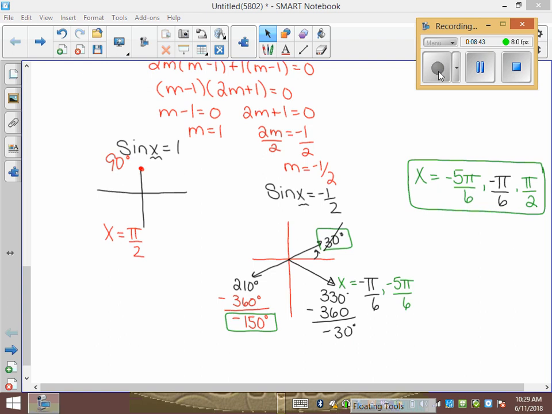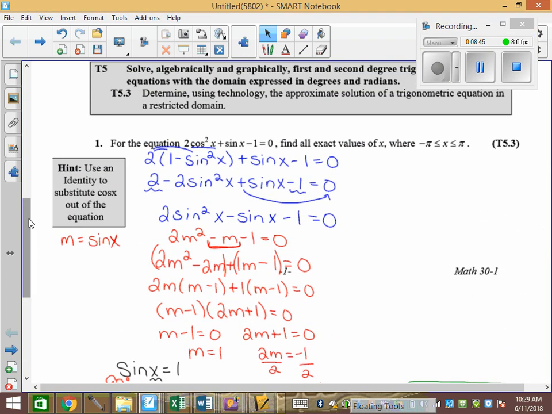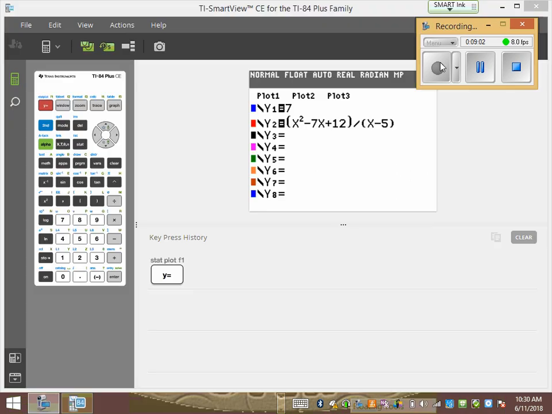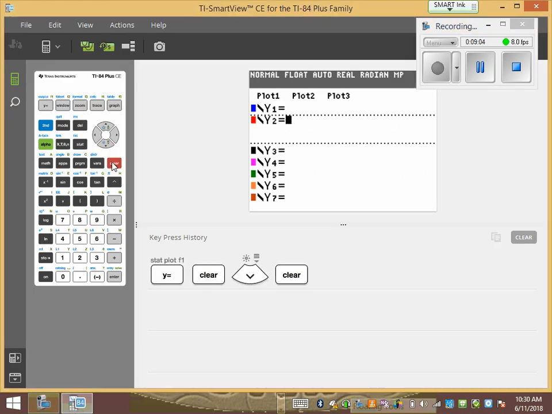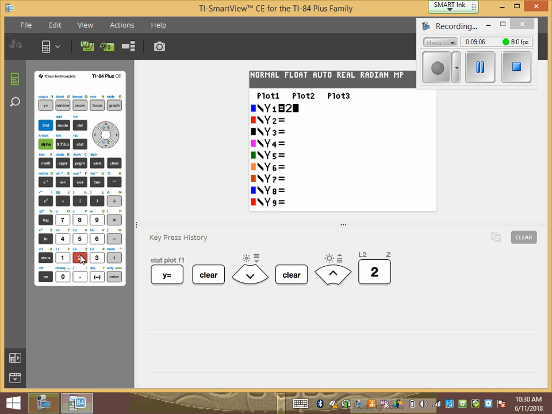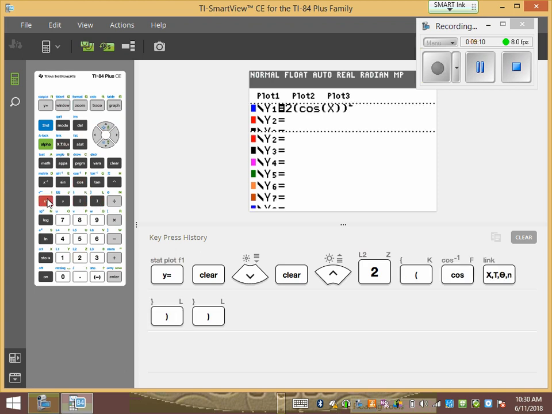So everyone's y1, y2ing? So type this into y1 and type this into y2. How can you type cos squared x into your calculator? Cos x in brackets squared. Okay, type it in. Okay, so we're going to go to cos x squared.